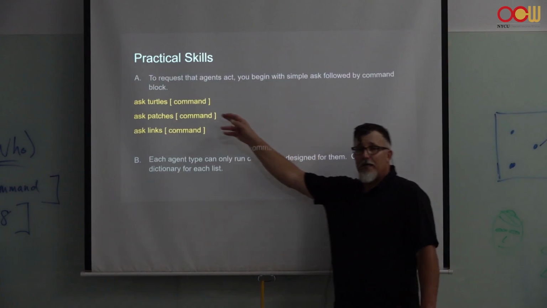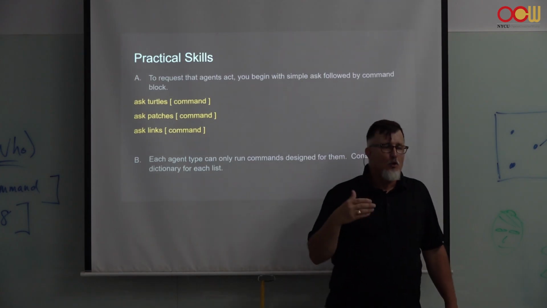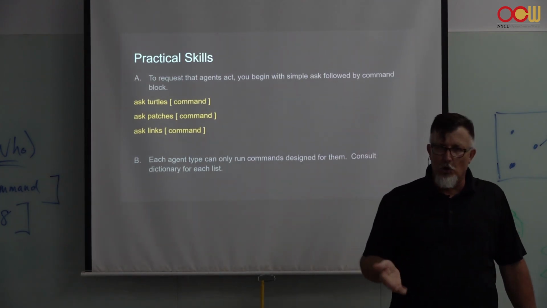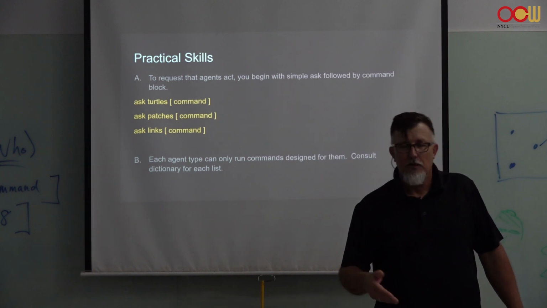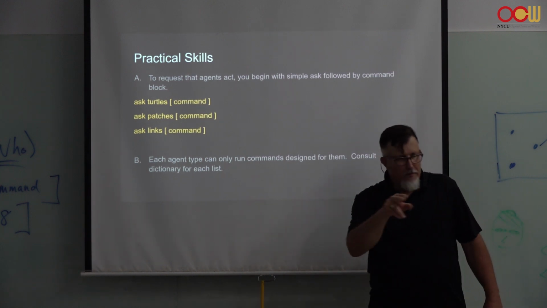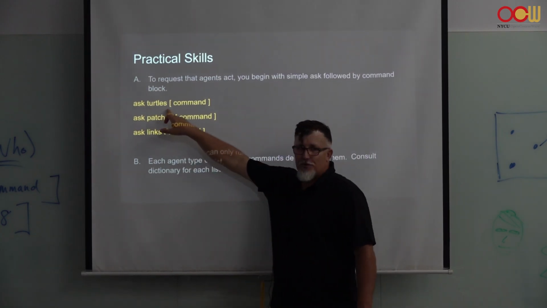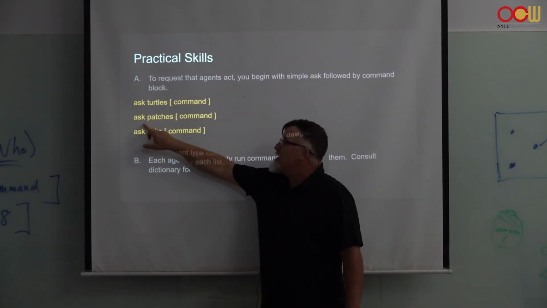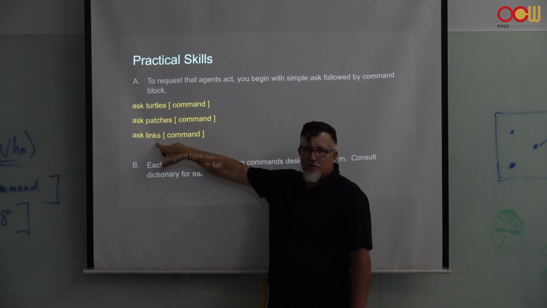All right? To get turtles or patches or links to do anything, you have to use the equivalent of, hey, Google. You have to use the term ask. So in all those little commands in there, you're going to see where we put ask turtles. Or I don't think we did any ask patches, and we haven't paid any attention to links yet.